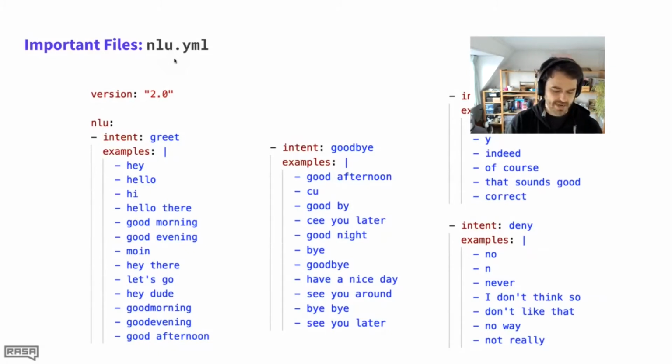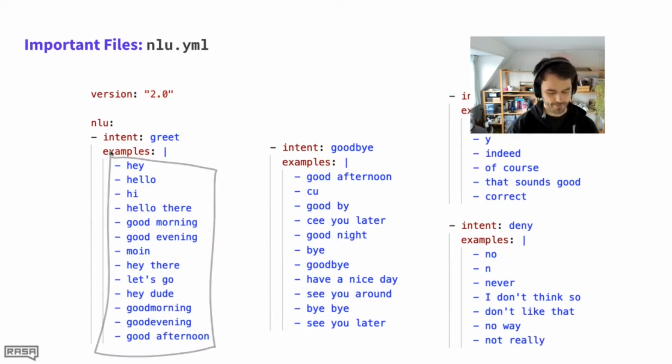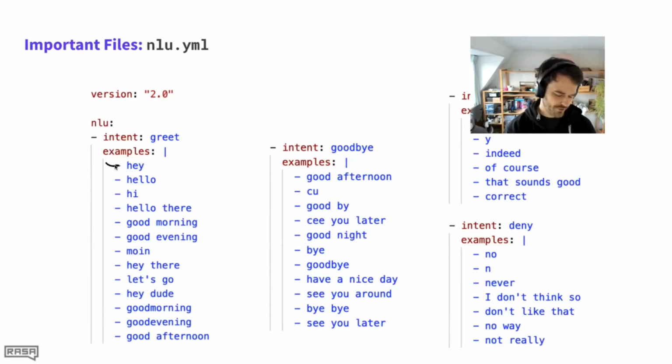So I've got some examples of what you might expect in an NLU.yaml file. It's a YAML file, so it's a hierarchical structure. Inside of this NLU tree, we have an intent of greet, followed by all sorts of examples over here. And these are just all sorts of different ways to say hello to an assistant.